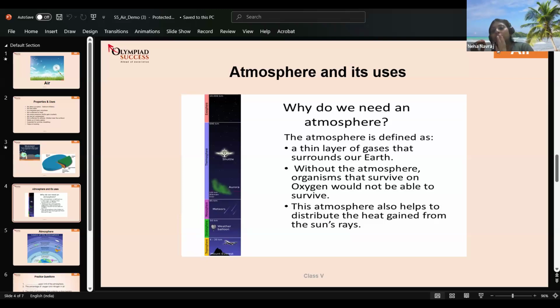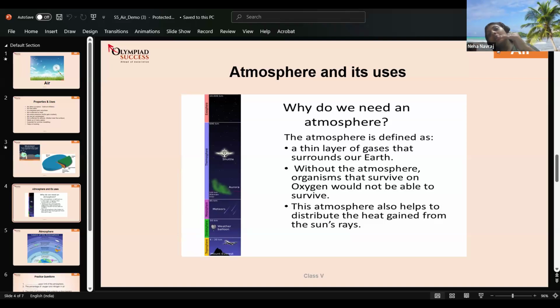The ozone layer is a thin layer that surrounds the earth and protects it from the ultraviolet rays of the sun. UV rays are very dangerous. You can get skin diseases, and extreme exposure can even cause cancer. To protect you and living organisms on earth, this ozone layer is present.